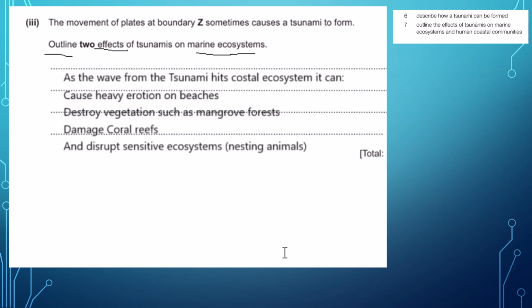It can destroy vegetation, such as a mangrove forest. It can damage coral reefs, and it can disrupt sensitive ecosystems. Here I just mentioned nesting animals. You can also think about something like nesting sea turtles. Of course, this is a little more than you need for the 2 points. I just put all of it here to give a little bit of inspiration.